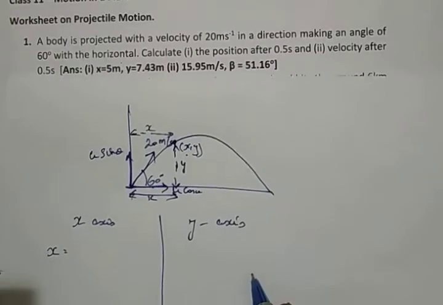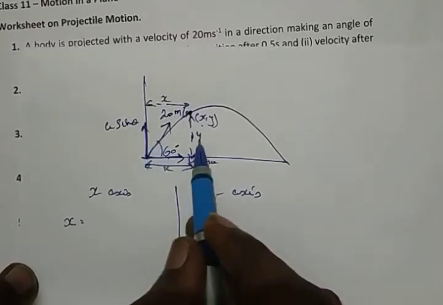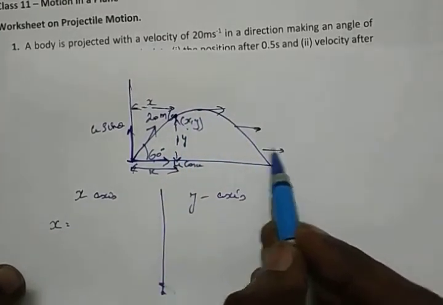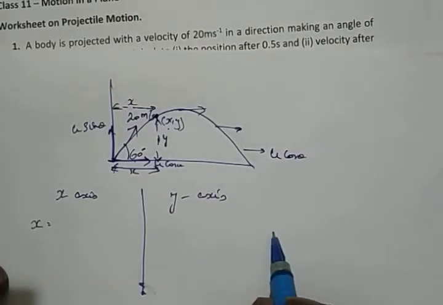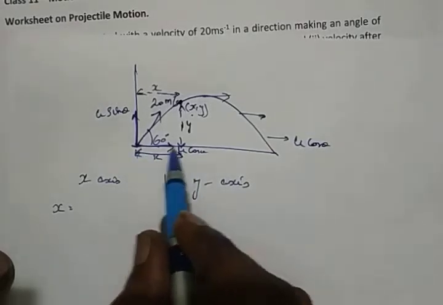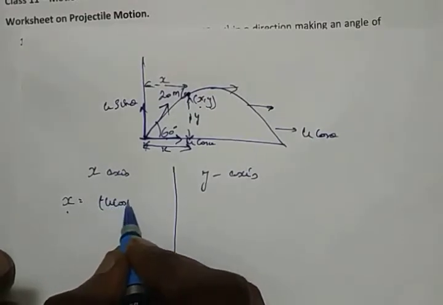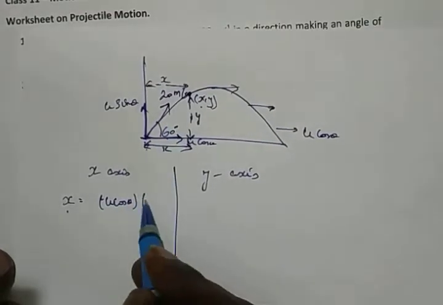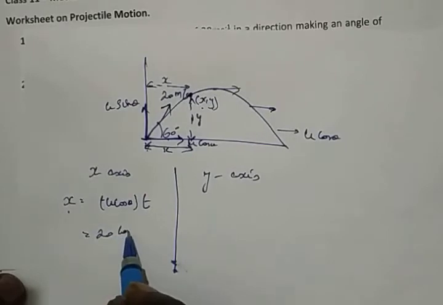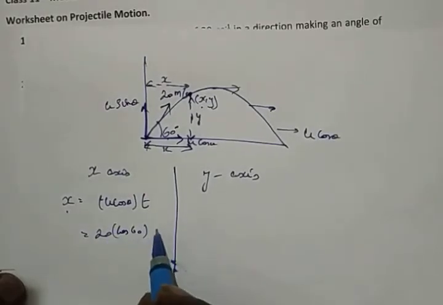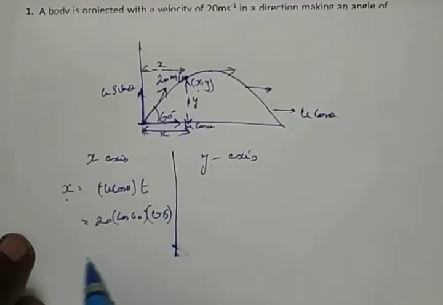The u cos theta is the horizontal velocity, which is going to be the same all over. The u cos theta remains the same, that we already know. So the distance is equal to u cos theta into the time taken. u is given here as 20, theta is 60 degrees, and the time taken is 0.5 seconds. You will be able to get the value of x.